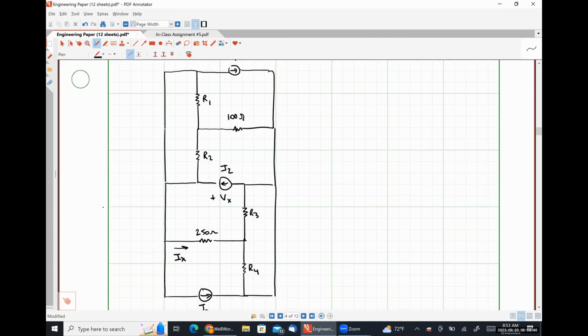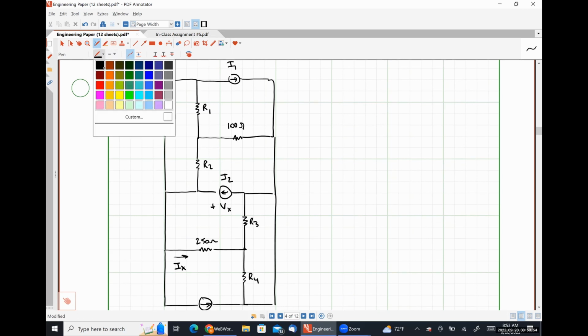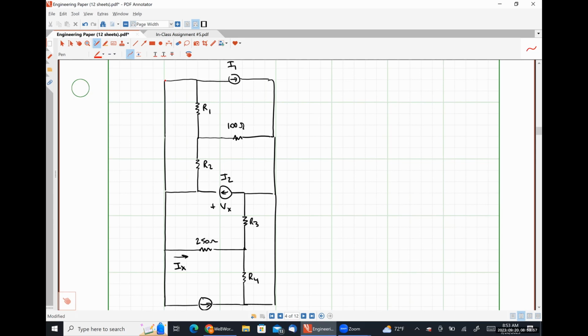All right, so this is the circuit for homework set number 4, the last problem. The first thing that I'm going to do is identify all of my different nodes. I'm going to use different colors. This big guy here is one node.